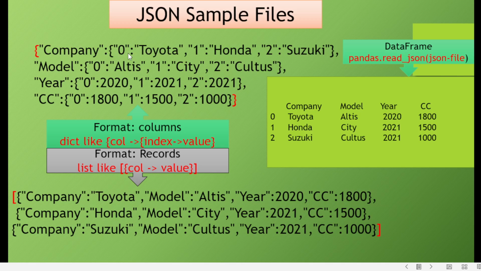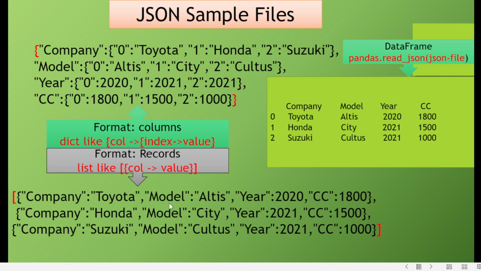The index of the first value is 0 and its value is Toyota. Then this is the other index, and in the same way this is another column with index and its values. There are 4 columns. So after reading this using the read_json function, we will get the result which is present on the right side, so it will return a pandas data frame like this one.